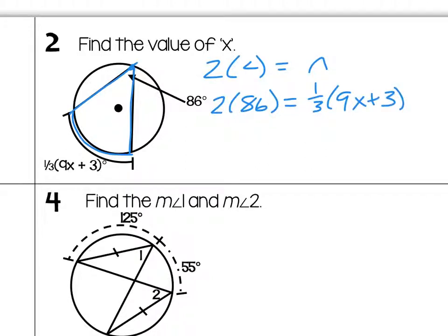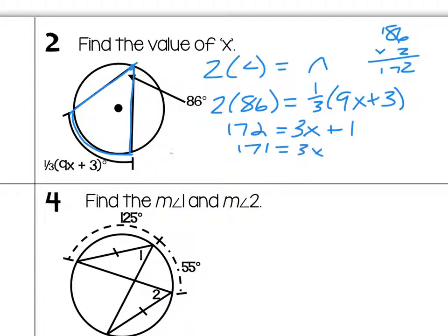So that's going to be 86 times 2, 172, equals distribute, 3x plus 1. So that'd be 171 equals 3x, which is going to give me 57 degrees.